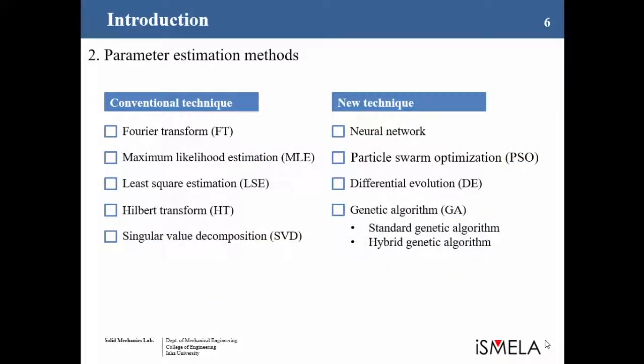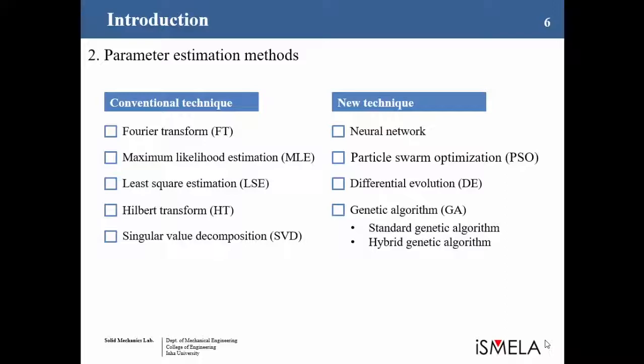There are a lot of parameter estimation methods. In most publications, Fourier transform is used, but it has some limitations. And maximum likelihood estimation and least square estimation will spend much time to get the estimation frequency. Hilbert transform is used to estimate the damping, so it's not very suitable to estimate the frequency.